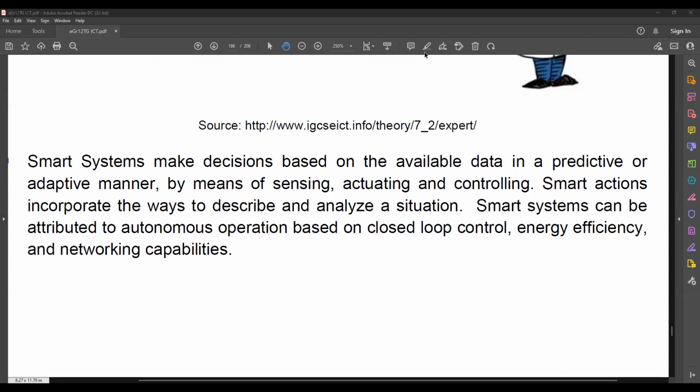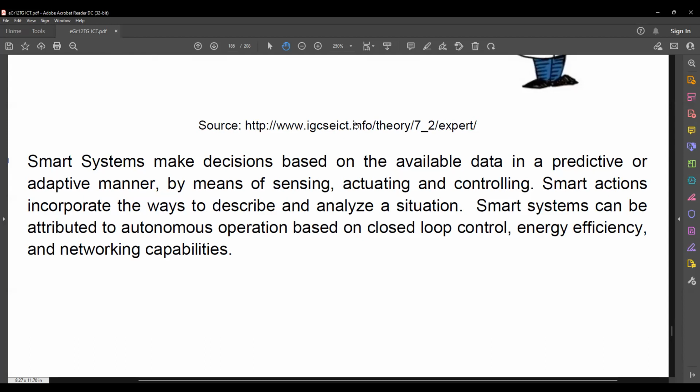Smart system, right? So in a smart system, decisions are made on available data, right? It could be predictive. Predictive means you predict. Now, let's say weather. We predict, right?